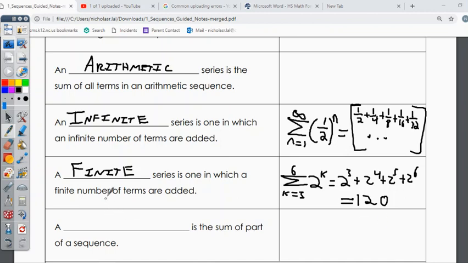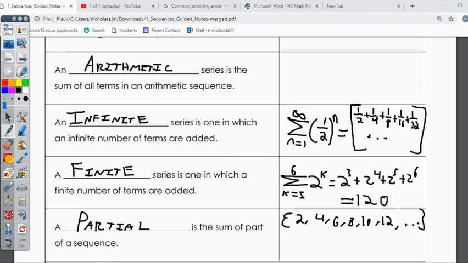And the last vocabulary term, at least for this verbal vocabulary section, is that a partial sum is the sum of part of a sequence. So let's say you have a sequence that is, we'll make it simple, 2, 4, 6, 8, 10, 12, continuing on into infinity.